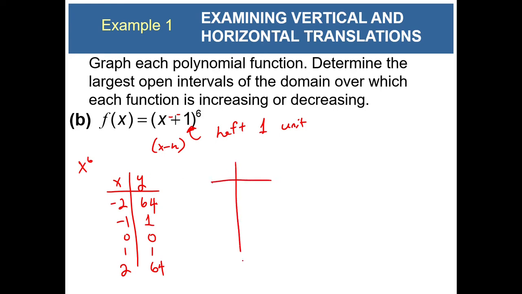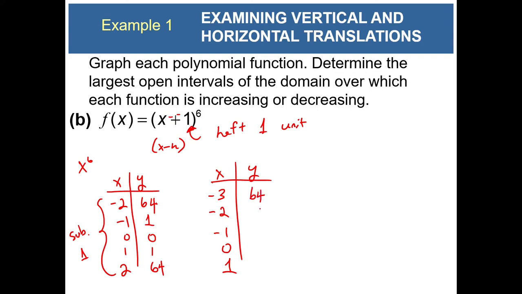But remember, I want to shift it to the left one. So for each of these x coordinates, I'm going to subtract 1 from it. So we have -3, -2, -1, 0, and 1. So all of the x values are shifted left 1. We do subtraction of 1 to show that here.